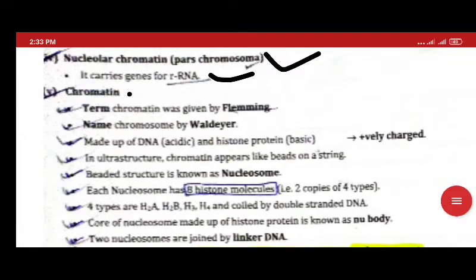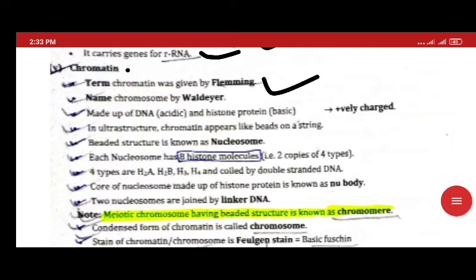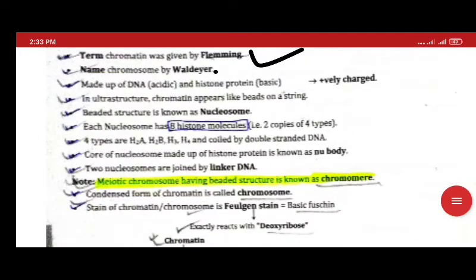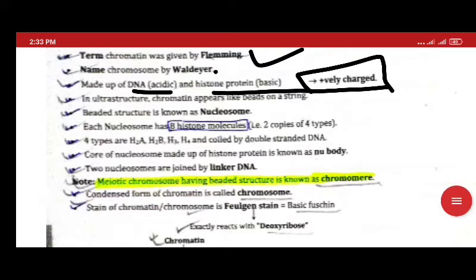This is the fourth and main part. The term chromatin was given by Flemming, and the name chromosomes was given by Waldeyer. It is made of DNA, which is acidic and negatively charged, and histone protein, which is basic and positively charged. Nucleosomes occur here.